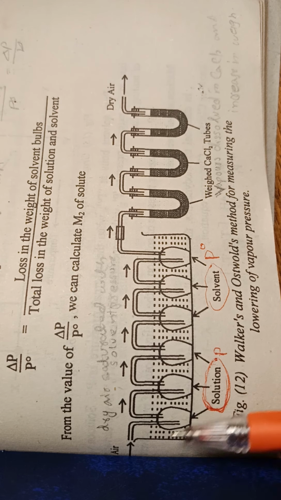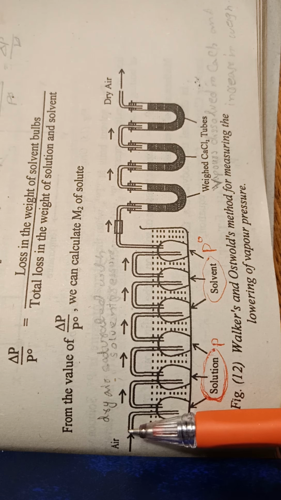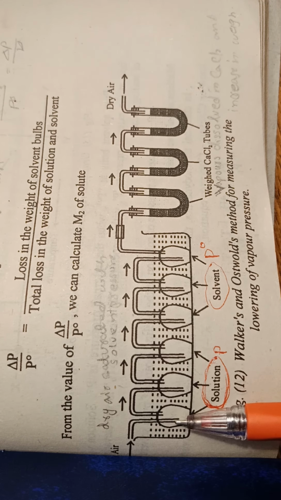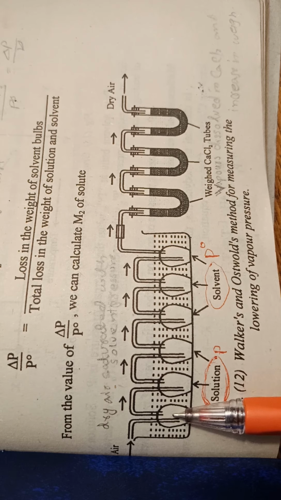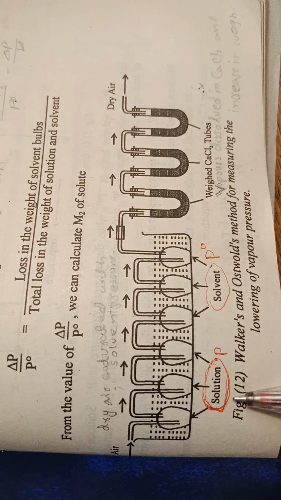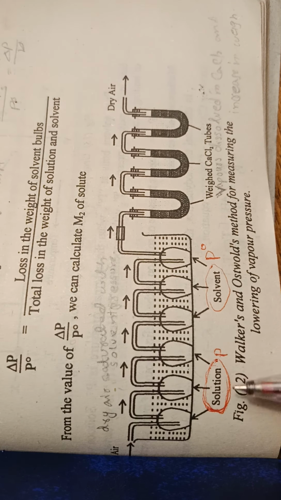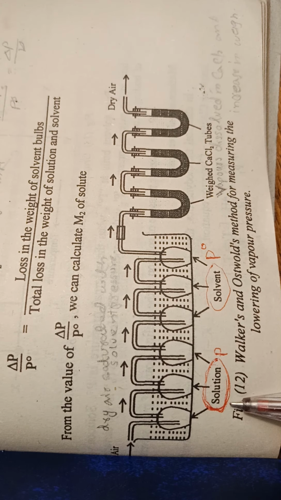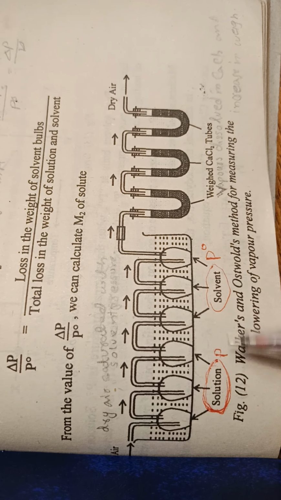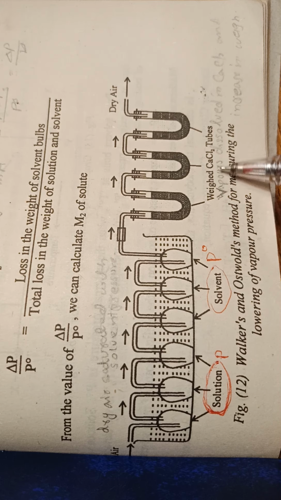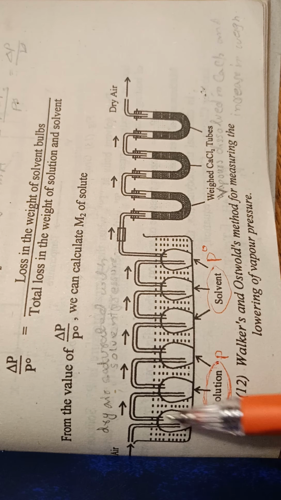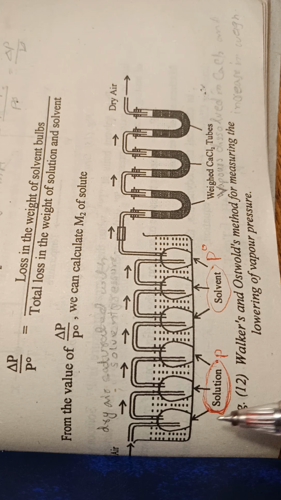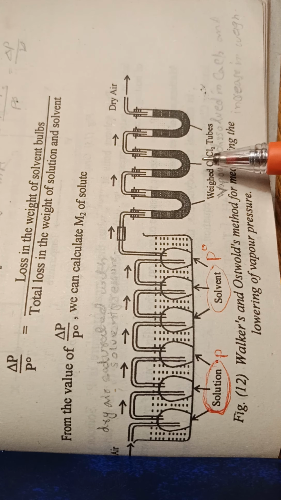So the amount of vapor absorbed by the dry air is directly proportional to the vapor pressure of the solution, that is P. In this first attempt, when the air is passed through the bulbs containing the solution only, the weight increase of the dry calcium chloride from absorbing the vapors from the solution is W1.